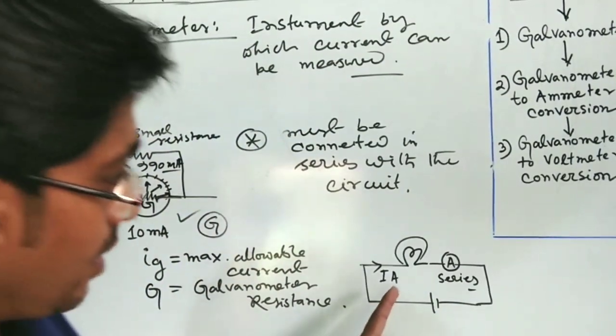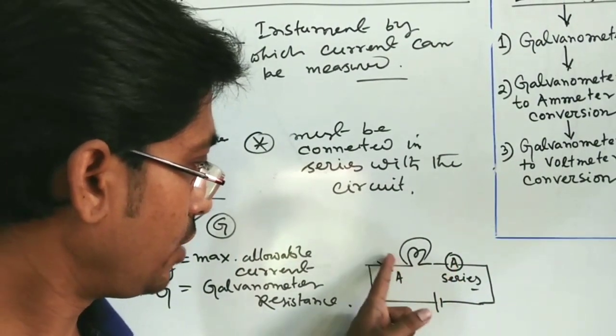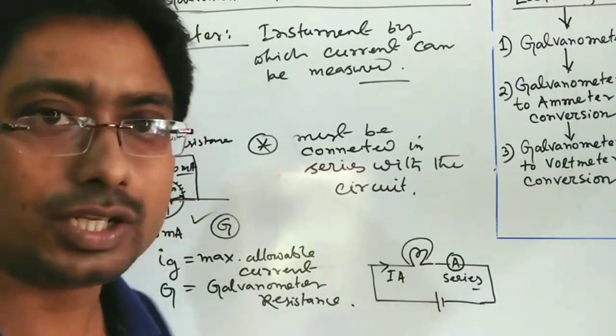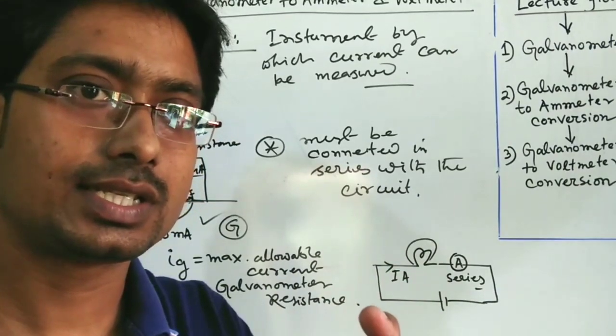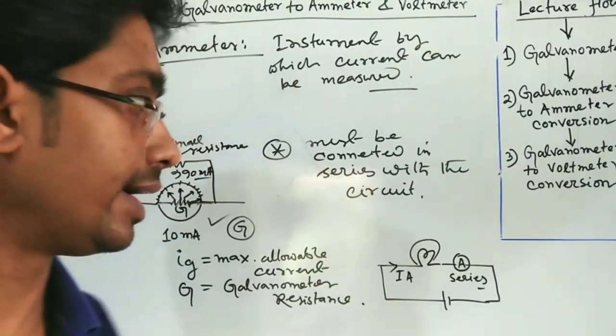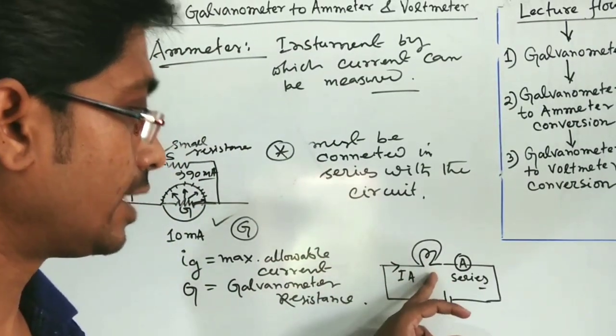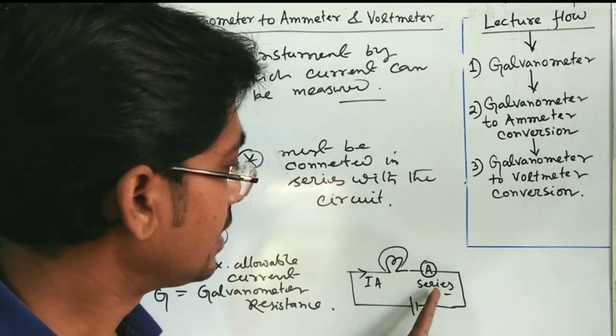If you attach the ammeter in parallel with the bulb, then in a parallel circuit, if the resistances are different, each draws a different amount of current. So you cannot get the actual current drawn by this bulb. That's why you must attach the ammeter in series.